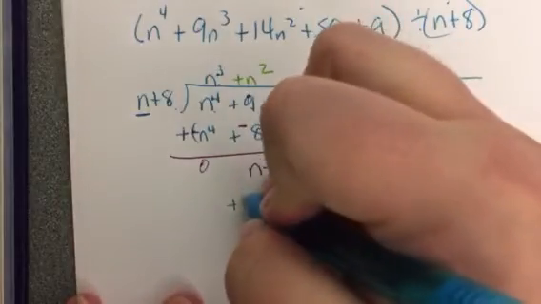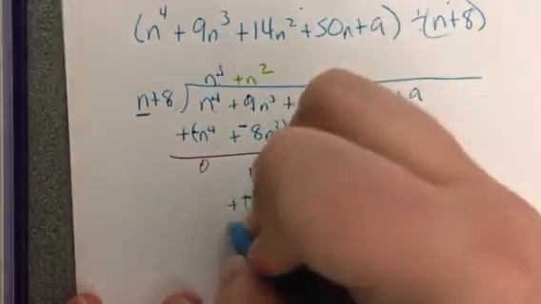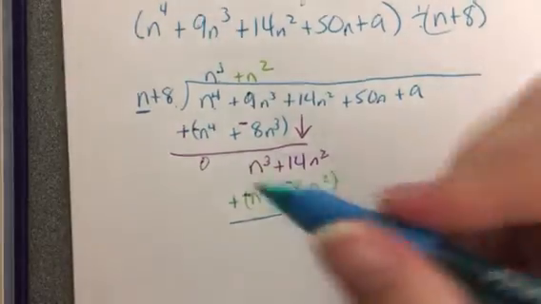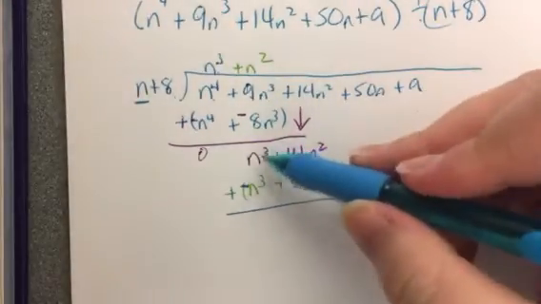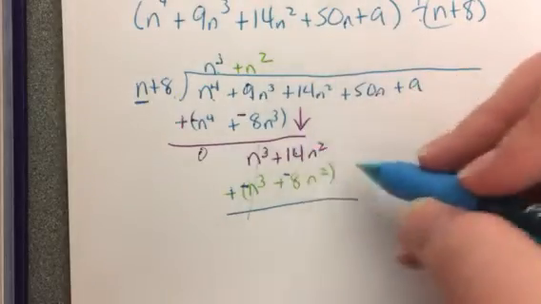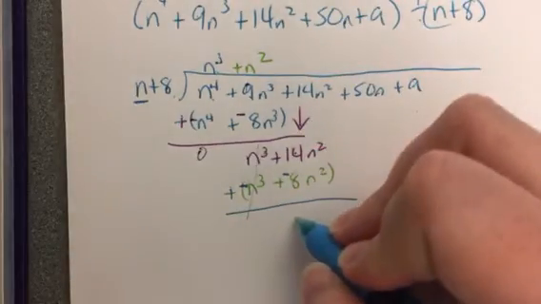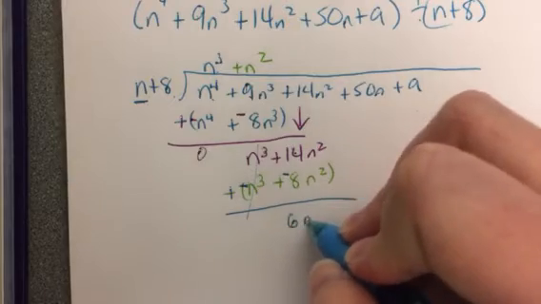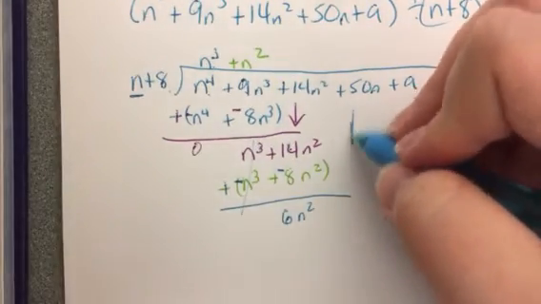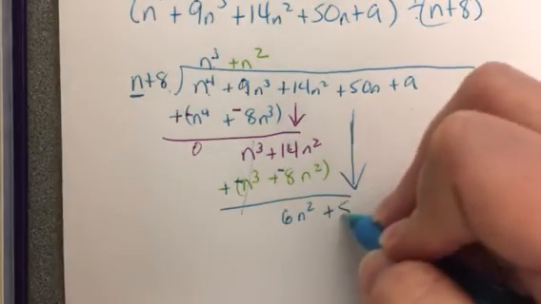Change your signs. You see how repetitive this is? As long as you repeat those steps of long division, you're going to be fine. n to the third minus n to the third is 0. 14n squared plus negative 8n squared is going to be 6n squared. Bring down the next one.